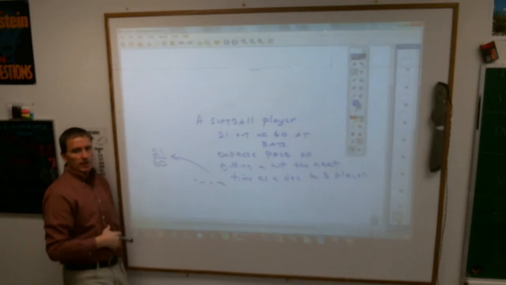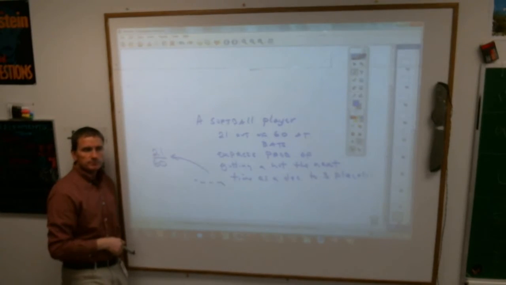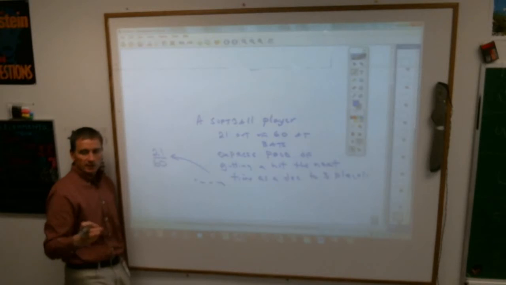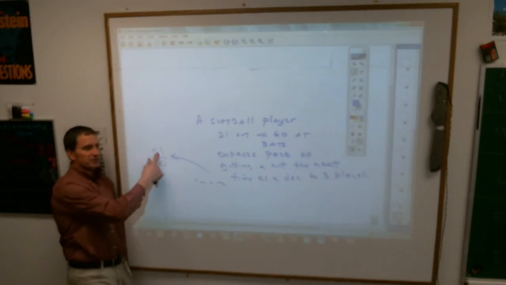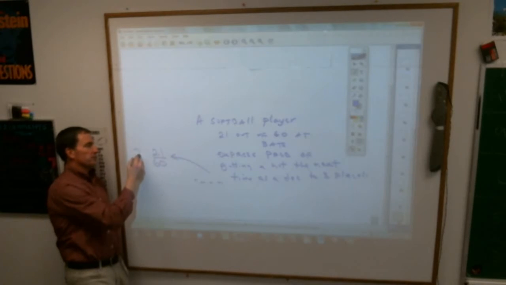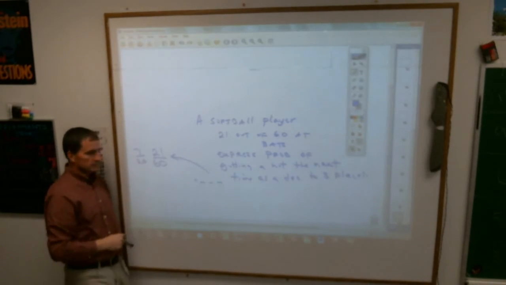How do I change this fraction to a decimal? The 60 doesn't go into 100. What would you do first to make your life a little easier, Riley? Simplify. I'd reduce this fraction. What number goes into both of them? 3. If you divide by 3, you get 7 over 20.